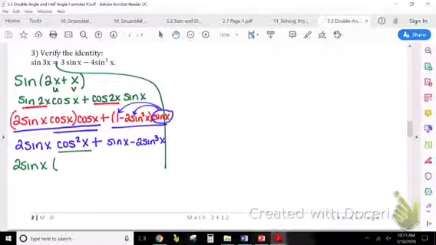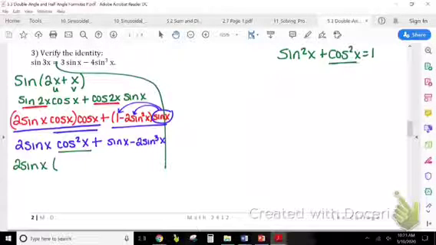Would you use the Pythagorean theorem? Yeah, you're going to use that Pythagorean identity. Remember, we know that sine squared plus cosine squared equals 1.